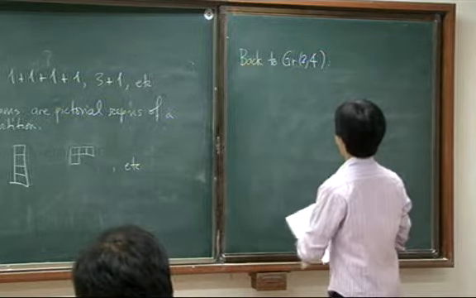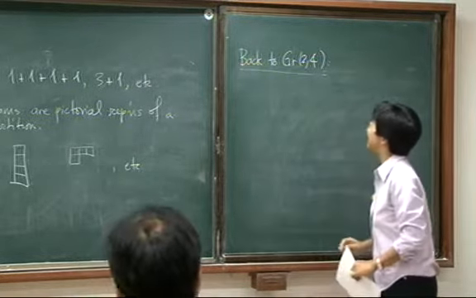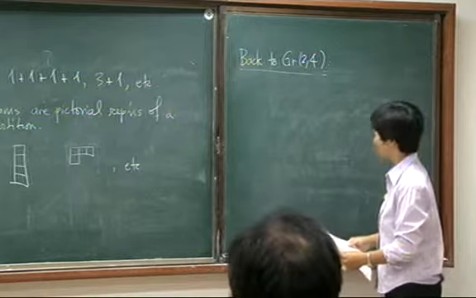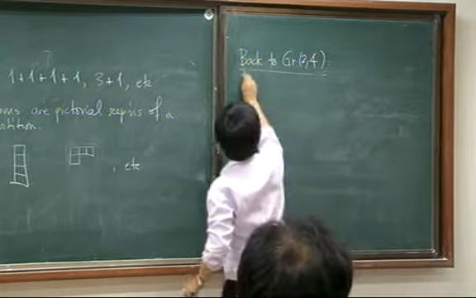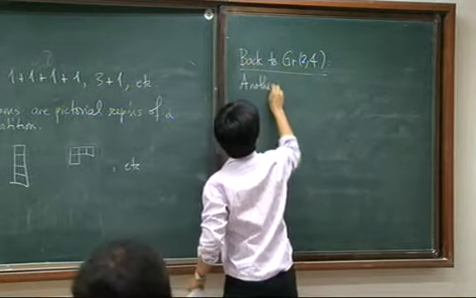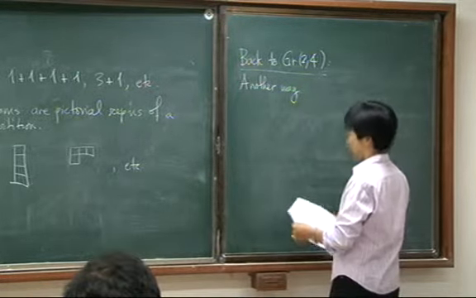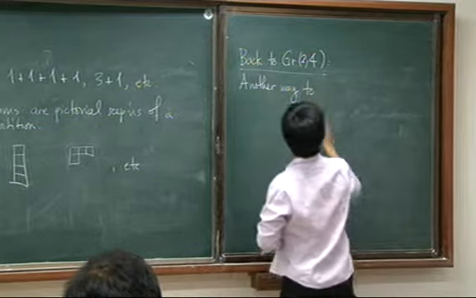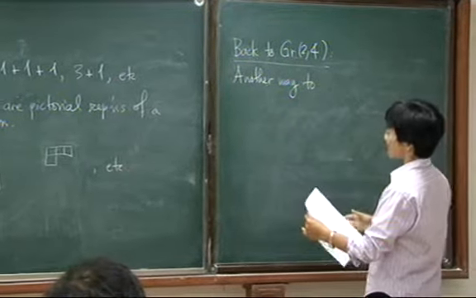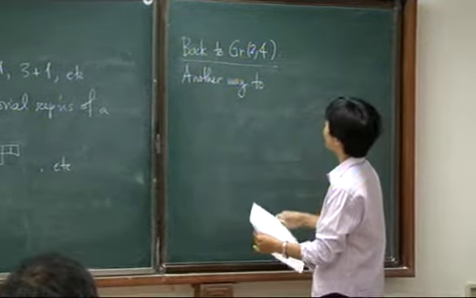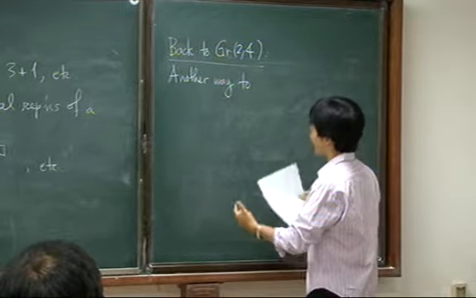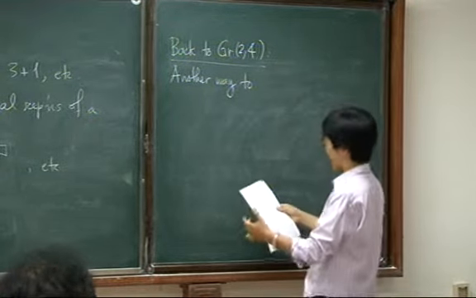So I would be remiss if I did not at least mention the Plücker embedding, so let me do so. Another way to think about the Grassmannian is as a projective variety. I take some projective space and cut out the Grassmannian as a variety by a certain equation which I will write down for you.